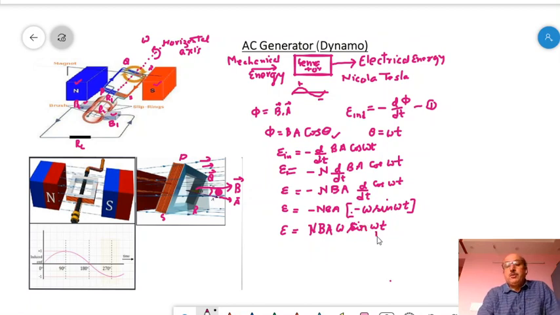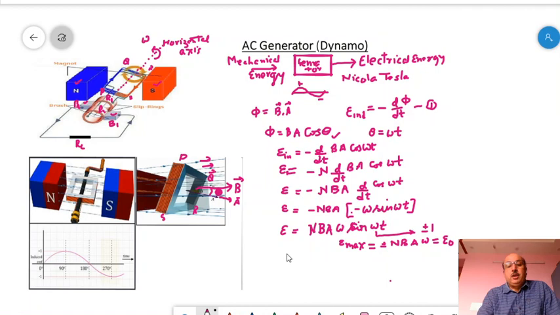The maximum value of sine omega t is plus or minus 1. So E maximum will be plus or minus n B A omega. This value we can write as E naught.